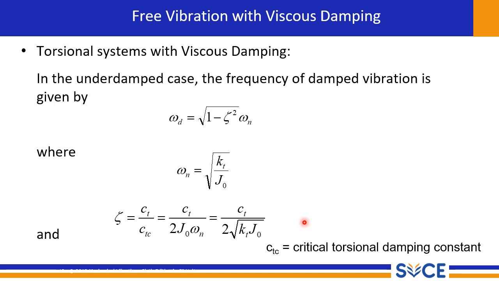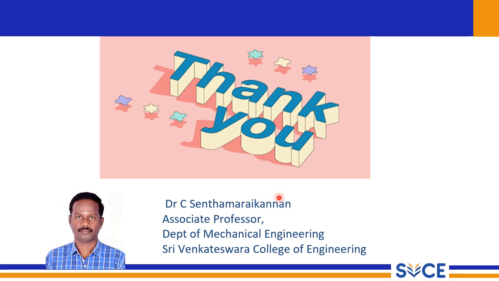All these parameters are very useful to determine the natural frequency and how to enhance the damping capacity of the torsional systems. While completing the free vibration of torsional systems, in the next slide, I am going to show how to calculate the natural frequency for this torsional system with some practical problems.